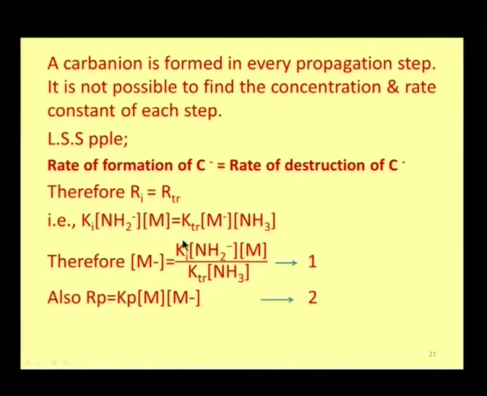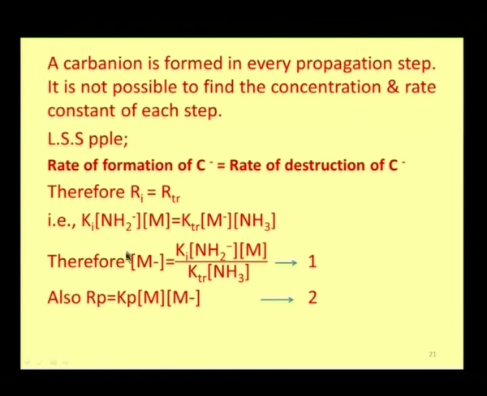Hence, we can write Ki times the NH2 minus concentration multiplied by the M concentration is equal to KTR times the M minus concentration times the NH3 concentration. By rewriting this equation, the M minus concentration can be expressed like this, and we also know the rate of propagation is given by Kp multiplied by the M concentration and the M minus concentration.